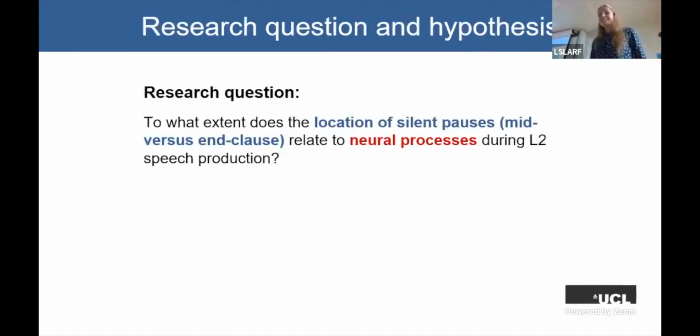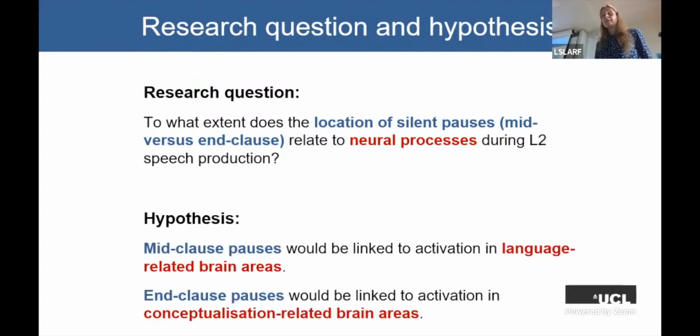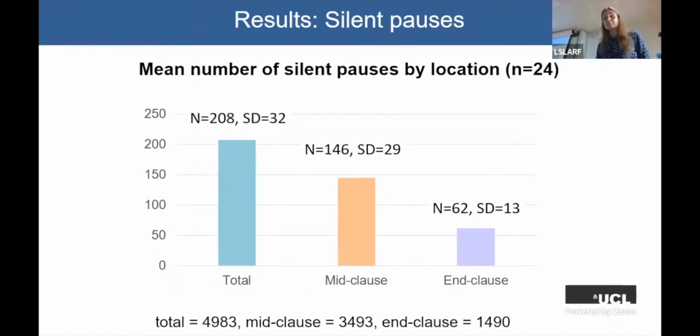So what did we find? Let me just remind you of the research question: to what extent does the location of silent pauses, whether they occur mid-clause or end-clause, relate to neural processes during speech production? Again, mid-clause pauses, we assume, would be related to language-related areas, and end-clause pauses would be linked to activation in conceptualization-related brain areas.